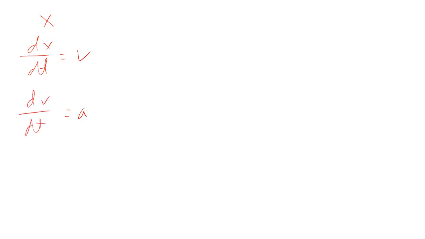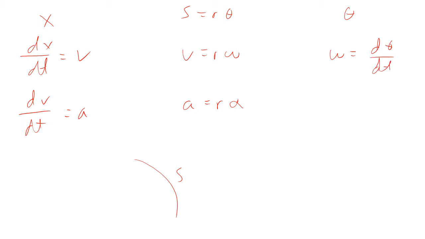What we just found was that we've got this relationship that says in a circle, the distance traveled s equals r theta. The velocity is going to be r omega, and the acceleration is r alpha, where we defined theta as the angle, omega was d theta dt, and alpha was d omega dt. So that makes alpha the second derivative of theta, just as a is the second derivative of position.